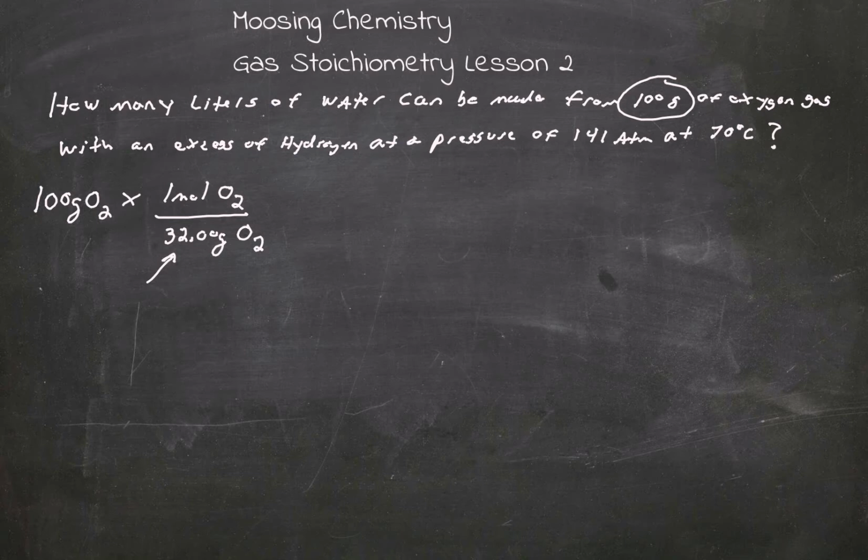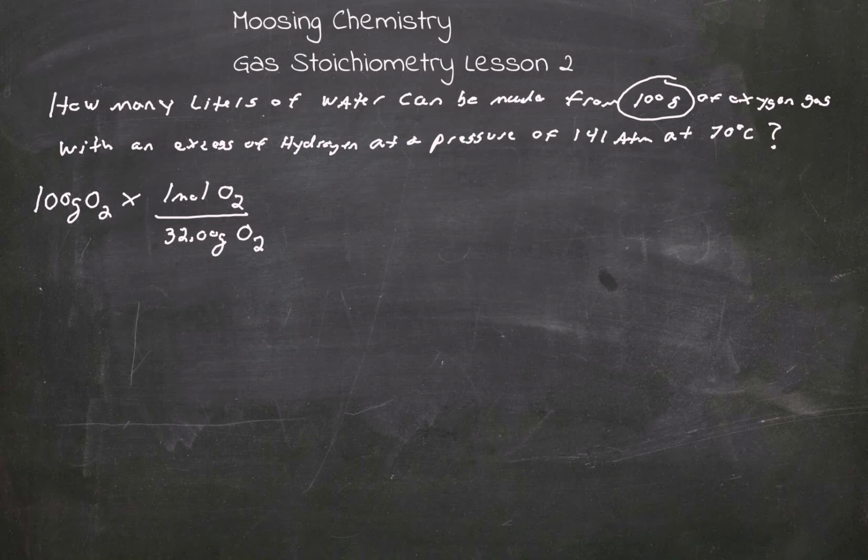Where did that 32 come from? Well, remember that oxygen has an atomic mass of 16.00 grams per mole. Actually, it's 15.99, but we're just rounding it off. Since we have 2 of these, that gives us the 32.